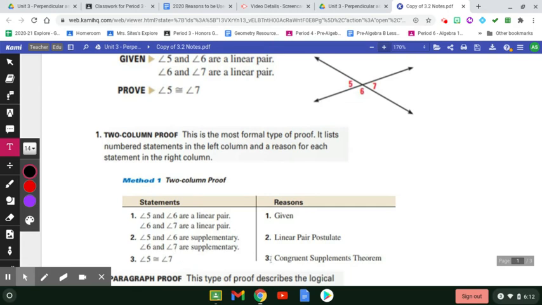And then we would go with the congruent supplements theorem to get where we want to be by saying that angle 5 is congruent to angle 7 because two angles are supplementary to the same exact angle, so therefore they are both congruent to one another. So we have our little two column proof that we're comfortable with.